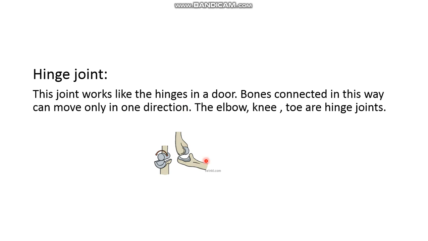Hold it like this and move it. You can't twist your elbow backwards. Okay, students. The knee is also an example, and the toes too. One more example. What are they called? Hinge joints.